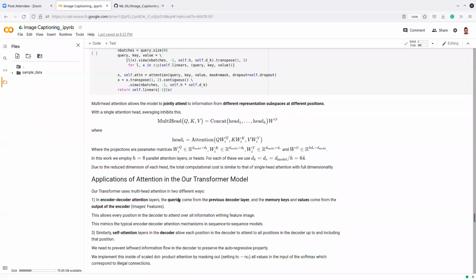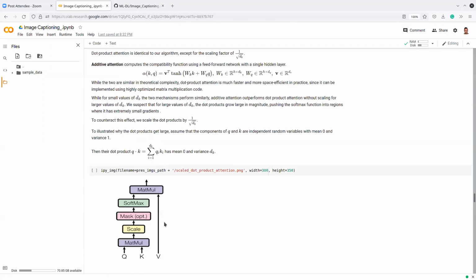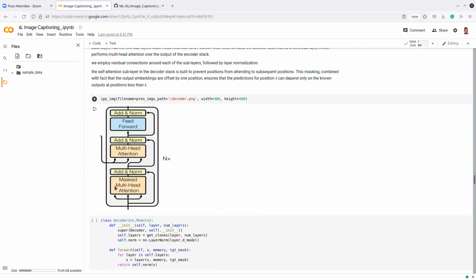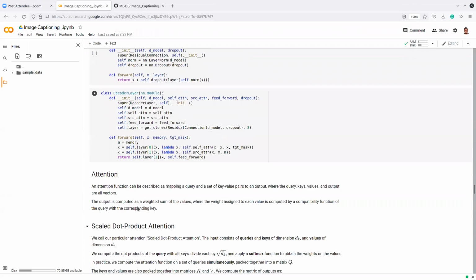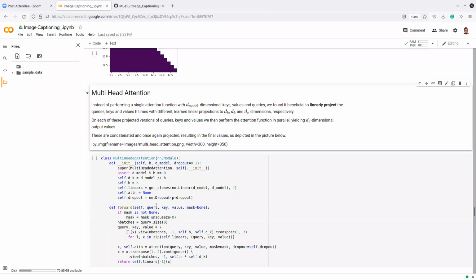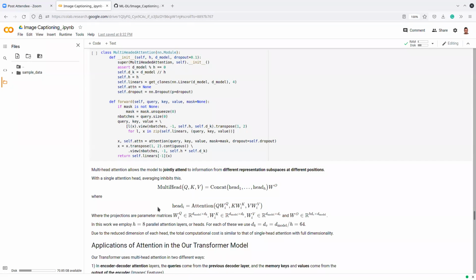In my opinion, there is a very strong idea that the transformer provided, which is the multi-head attention. The idea of multi-head attention is, instead of building one large attention head that we just retrain, we build different heads. Each head has a different representation of the subspaces at different positions. How does each head have this different representation?